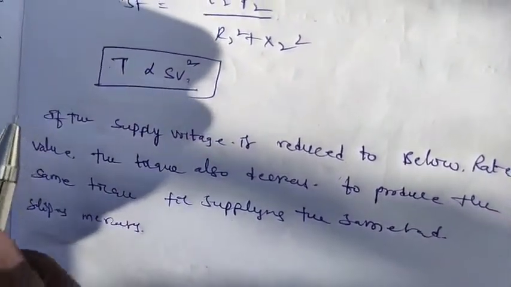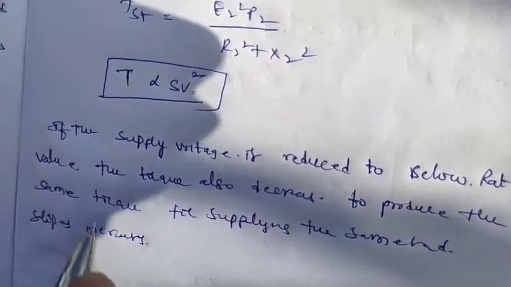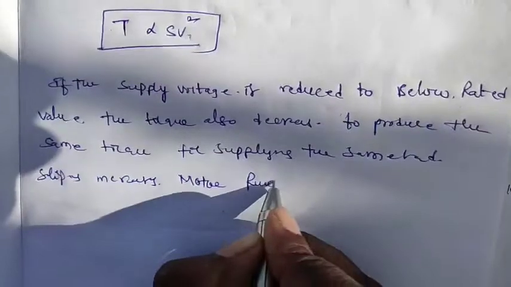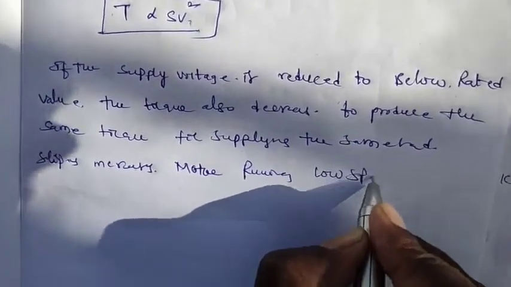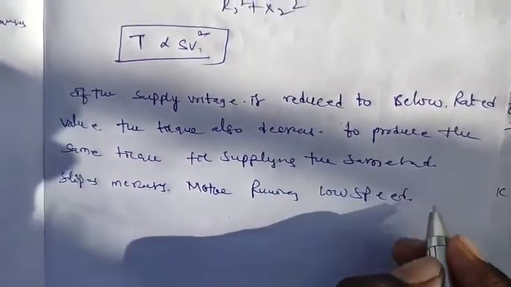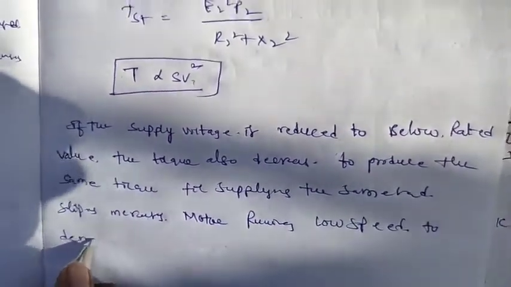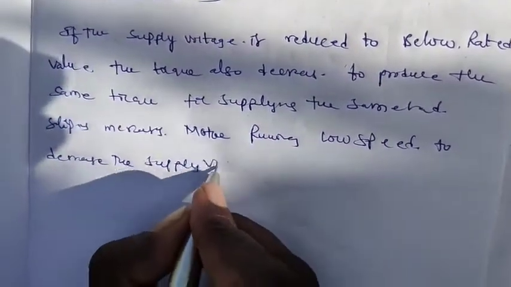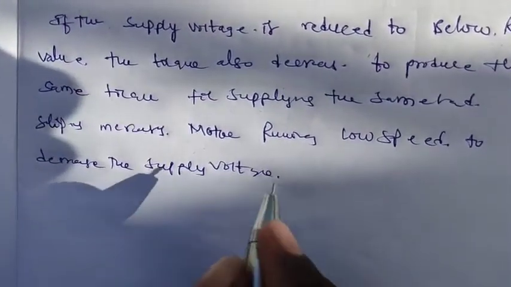So the motor runs at lower speed when the supply voltage is decreased. If the motor needs to run at low speed, decrease the supply voltage.